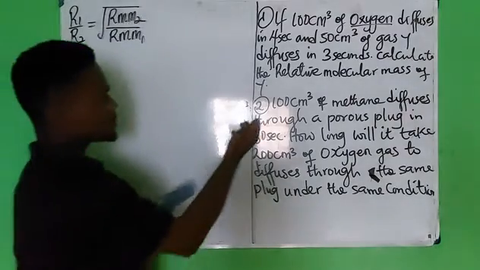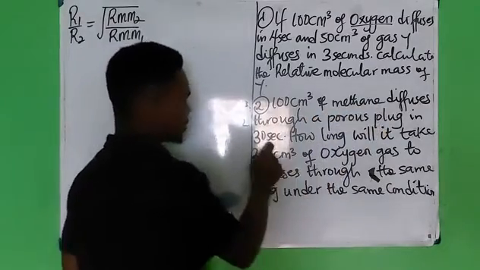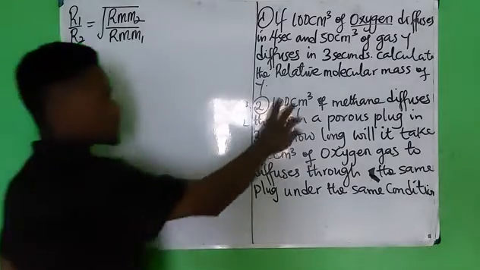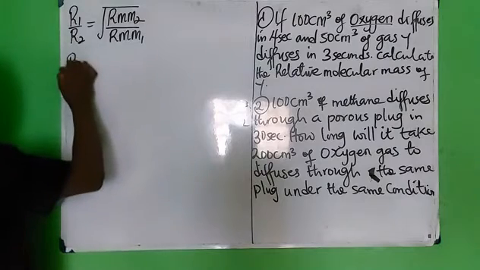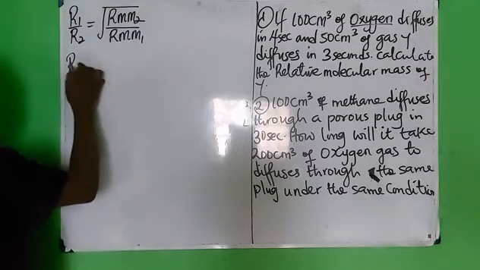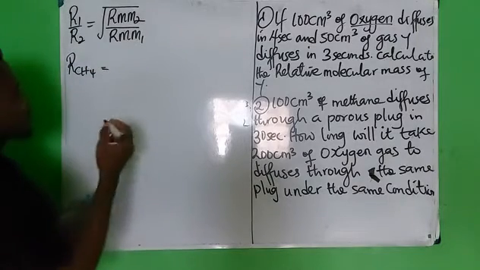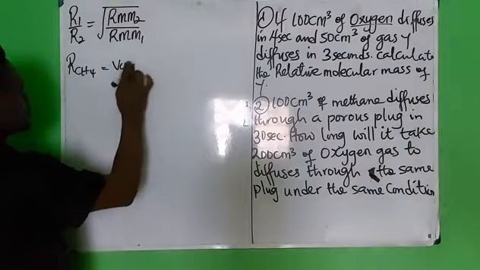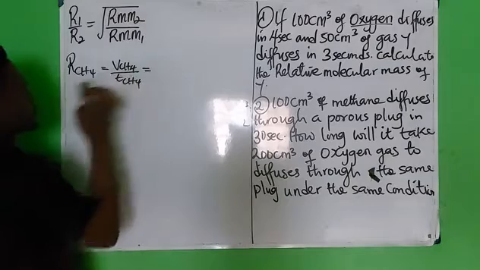Now let's interpret the first sentence: 100 cm cube of methane diffuses through a porous plug in 30 seconds. I gave you volume, that is the rate of methane. You know methane is CH4, right? So rate is given as volume of methane over time of methane.